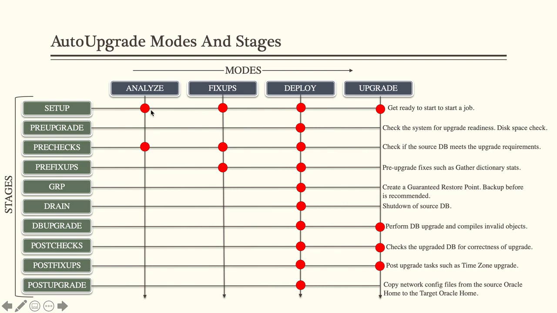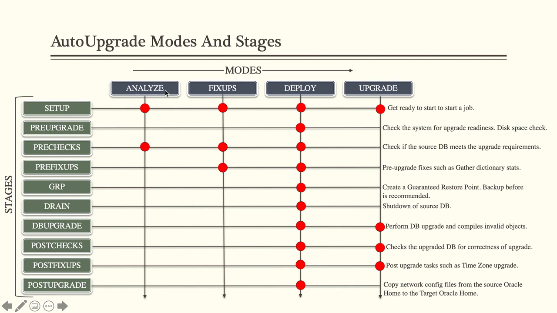Only 2 sets of activities if you separately run analyze. If you run fix ups, imagine that I am not running analyze, I directly said go and fix up. It will run the setup, it will run the pre-checks as you would have done with analyze, and then for any non-compliances that it has found on the source database, it is going to run the pre-upgrade fix-ups.